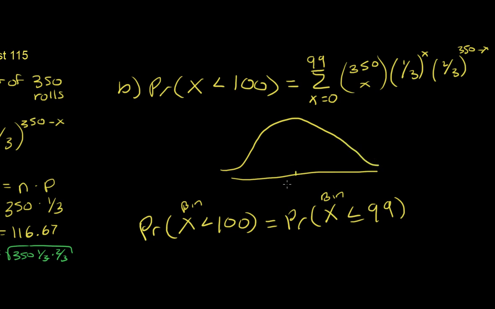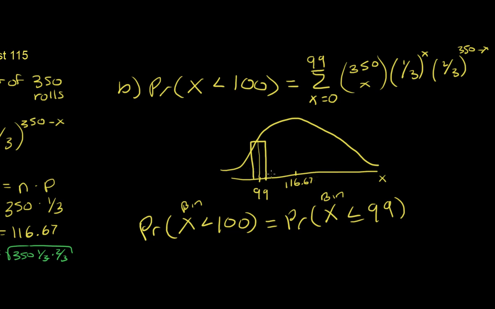So here is 116.67, all right? I'm going to put 99 down here, and it has a block around it because it's continuous. This is the continuous curve for a discrete distribution. So these are the x values.